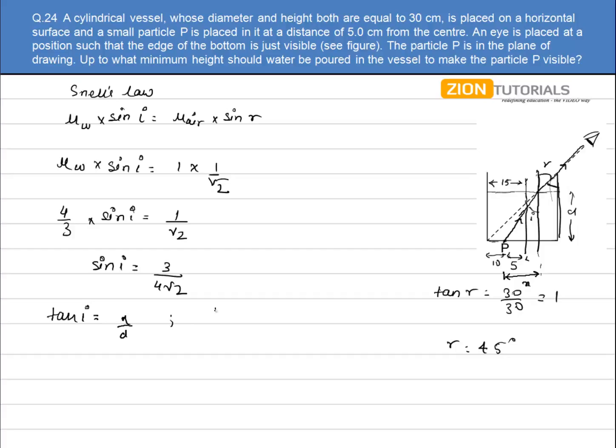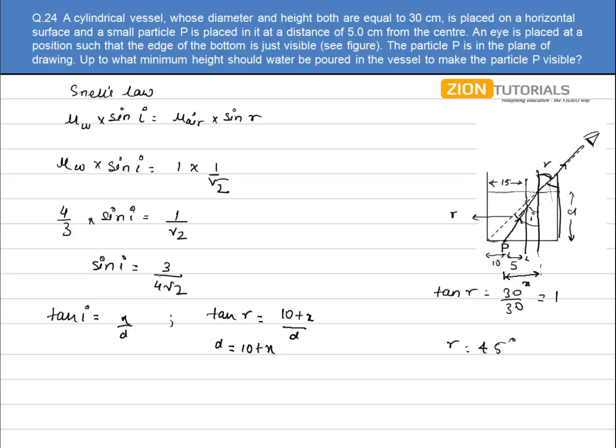And I also know that tan of R can be written as perpendicular over base; by geometry, if this angle is R, then this angle will also be R. So tan of R will be equal to (10 plus x) by d. So tan R is equal to, obviously, 1, so d is equal to 10 plus x. Now I have a relation between x and d.